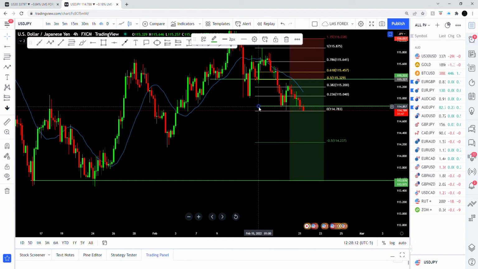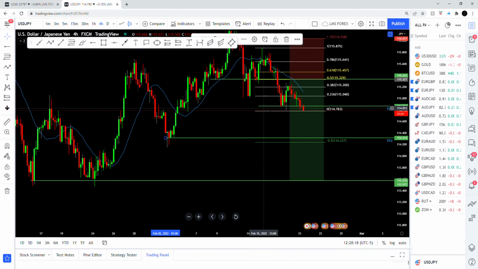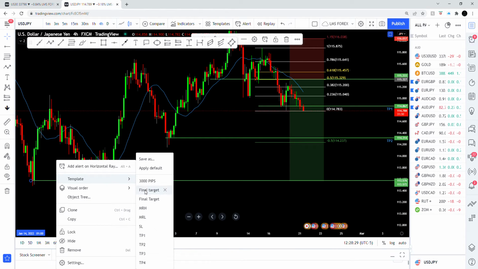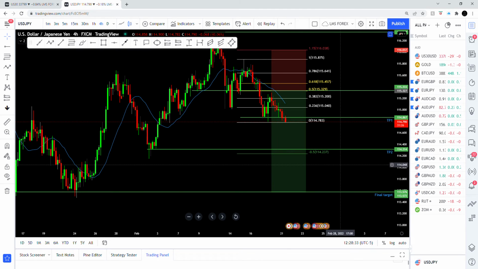That's your take profit one. Then your take profit two will be this area of support, because if we break this area of support, price will more than likely come down to the next area of support and see what happens at that point. And if we break that, it will come to the next one. So these will be your final targets, TP1, TP2, and TP3.